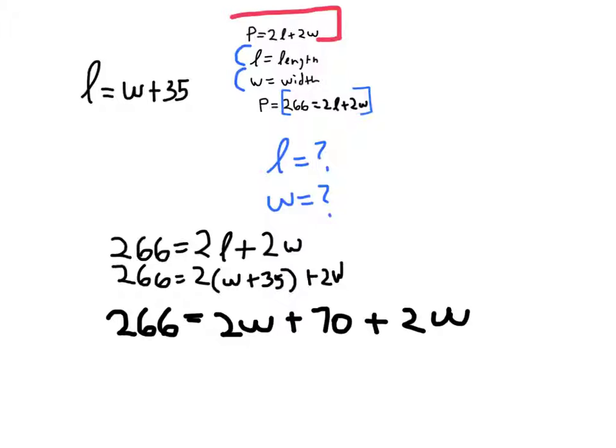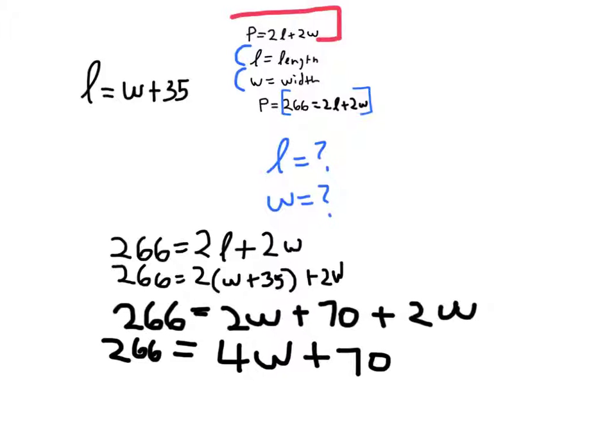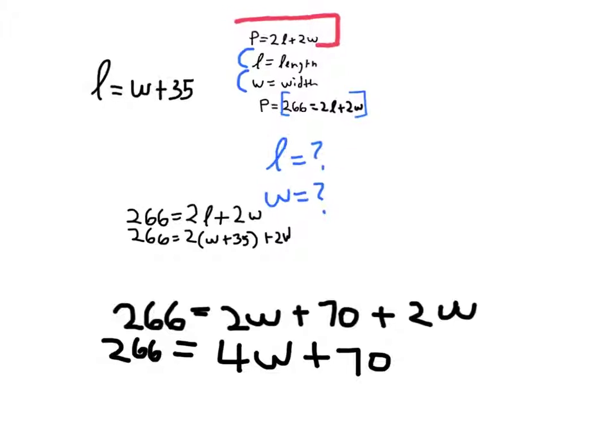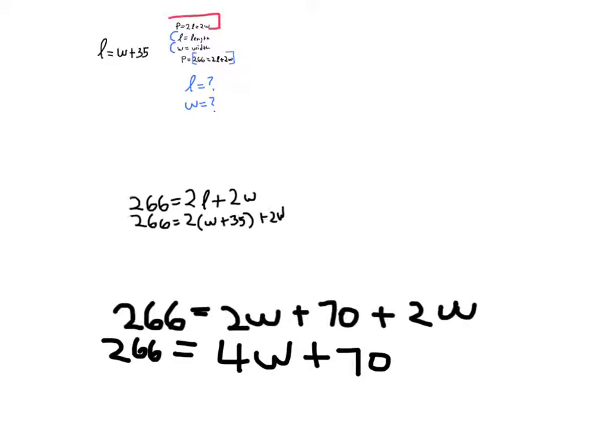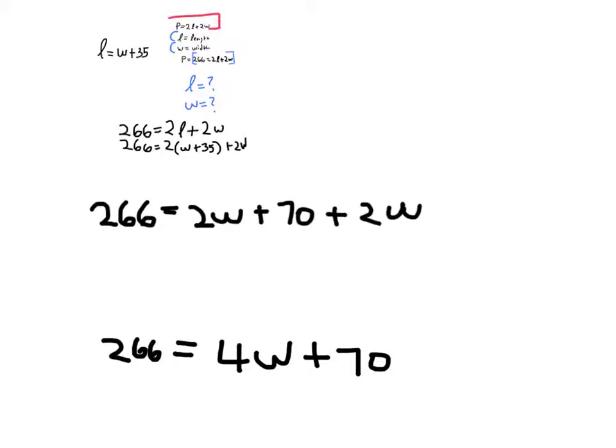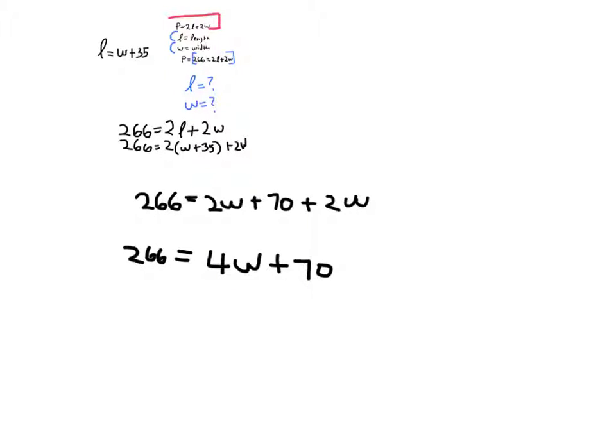And this 2W and this 2W are like terms. They both have a W in it. That means that they can be combined. They would be combined into 4W. And then we have 4W plus 70. And we could always rewrite the 266. Why not? And then you would just solve from there. And you seem pretty strong with solving equations like that. Just to be thorough, we'll go ahead and just solve it anyway. As you know, it would be a matter of subtracting 70 from both sides.